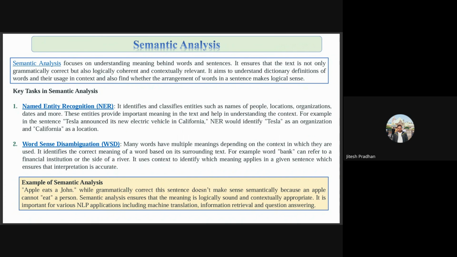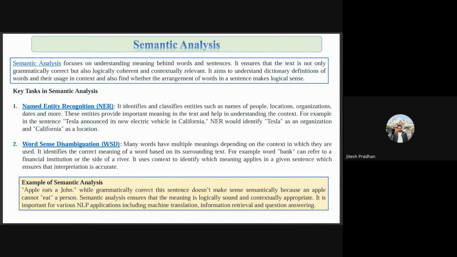Now, for example: Apple launched a new iPhone, where Apple refers to the company, not the fruit. If we are simply taking the word apple in the previous phase, then it will have two meanings. It can be a fruit, it can be a company. But while looking at the entire sentence, now we are sure that Apple is a brand rather than a fruit.